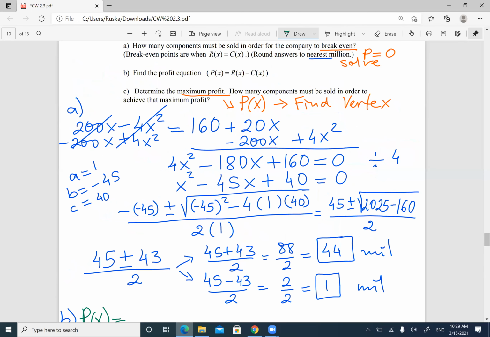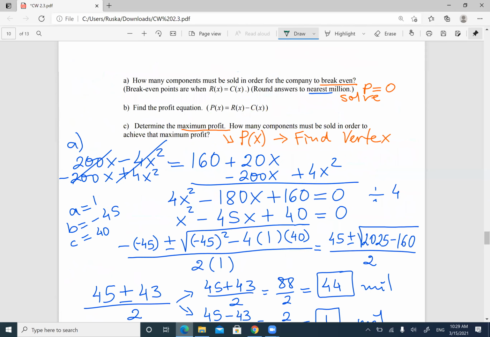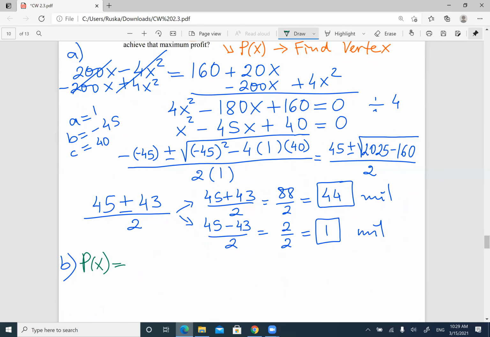So I'm going to copy the revenue, which is 200x minus 4x squared, that's my revenue. So this is revenue minus, I need to copy the cost, which is 160 plus 20x, right? But because it's minus the whole function, it's good to put it in parentheses, okay?